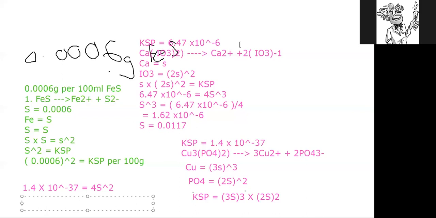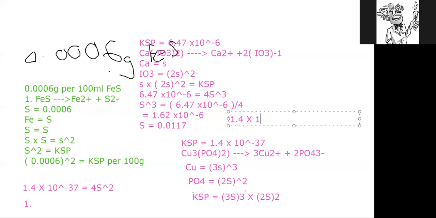So we have 1.4 times 10 to the negative 37 equal to 9s cubed times 4s squared. Do you agree?